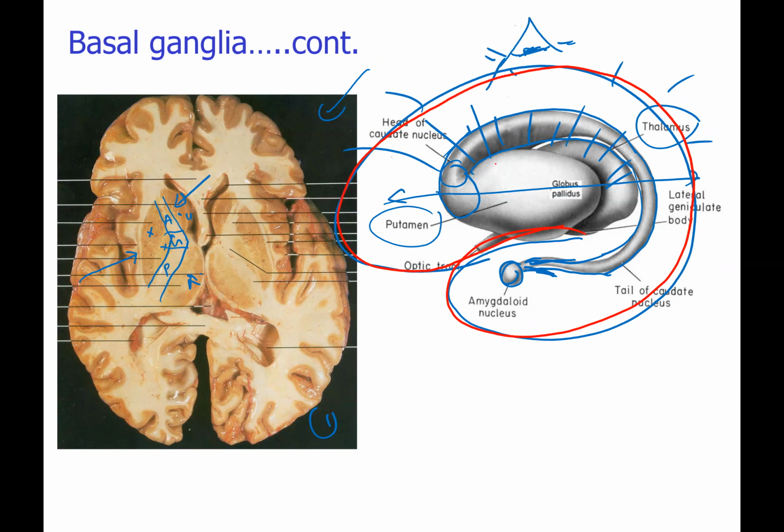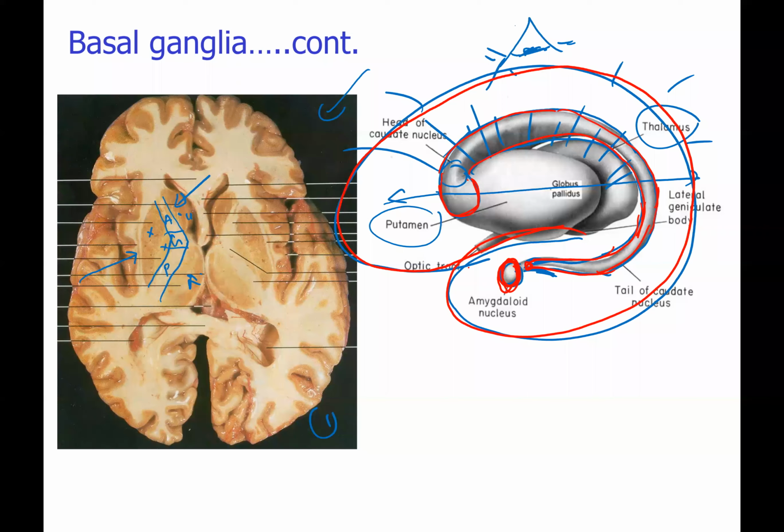So the caudate nucleus here starts from the frontal lobe area, passes through the parietal lobe, and maybe partly through the occipital lobe, not very sure. Then it goes into the temporal lobe here and ends in the temporal lobe, and very close to it you get the amygdaloid at the end of the tail of the caudate nucleus.